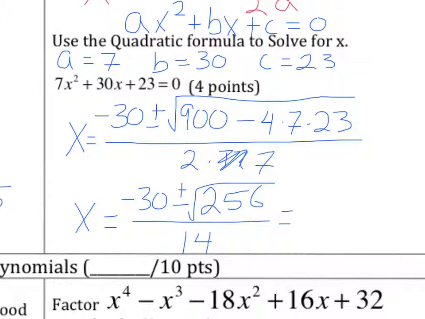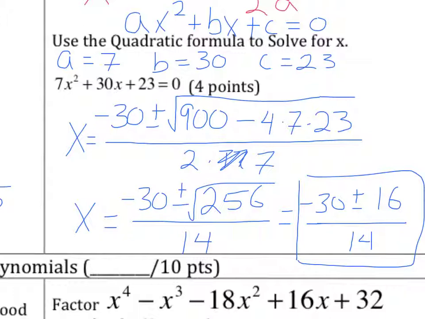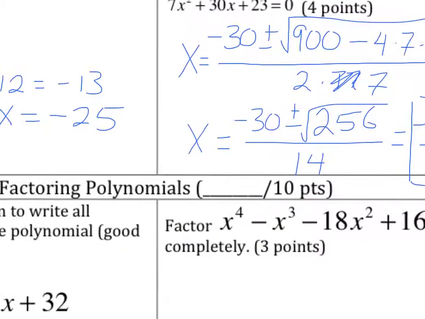I can write this as negative 30 plus or minus 16 all over 14. At this point, this would be an acceptable answer, even if it's not reduced. Moving on to the next problem.